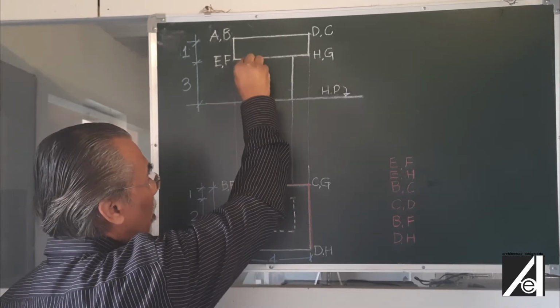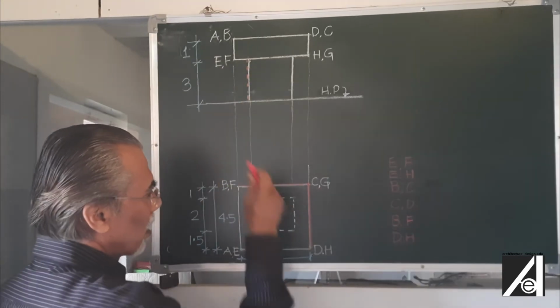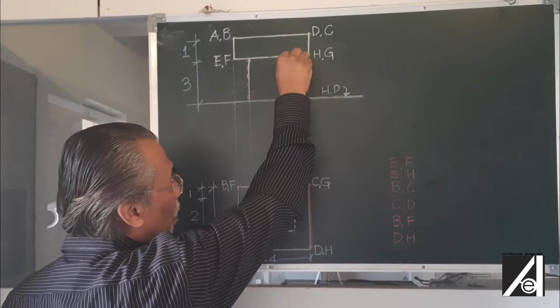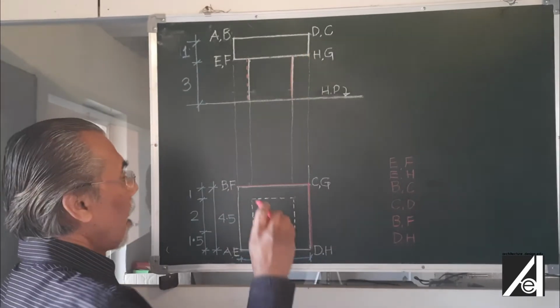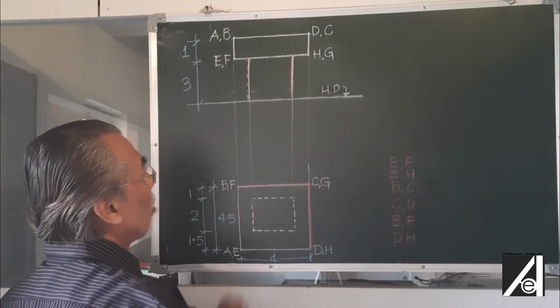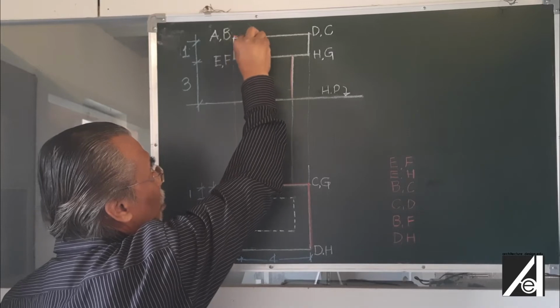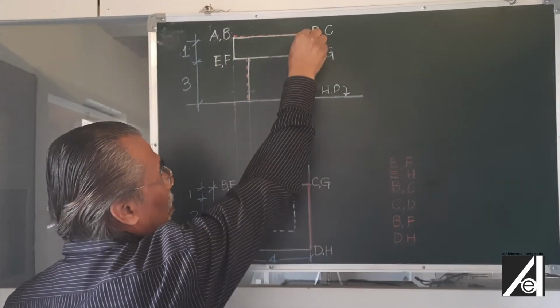So that I will draw here. This I will show dotted in the elevation because it is behind. This one is in the front, so I can mark it red here. And these edges also I can represent here. This one, the upper one, I show dotted. And this one will come only as a dot.